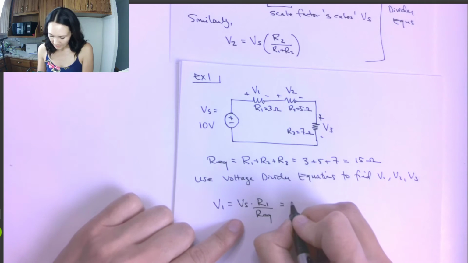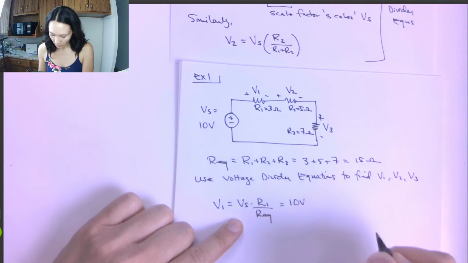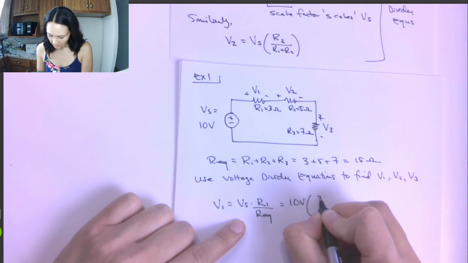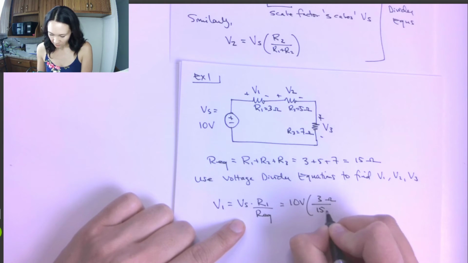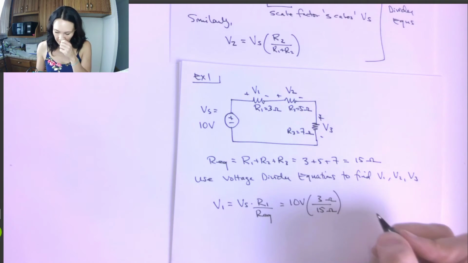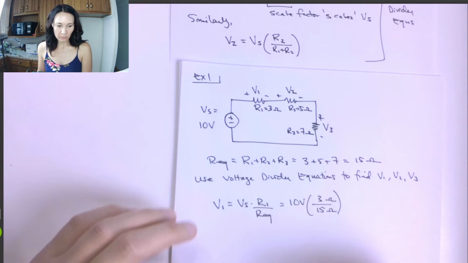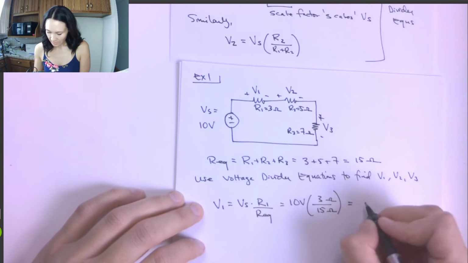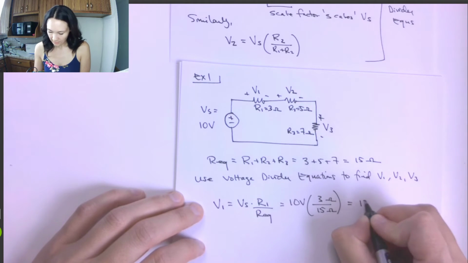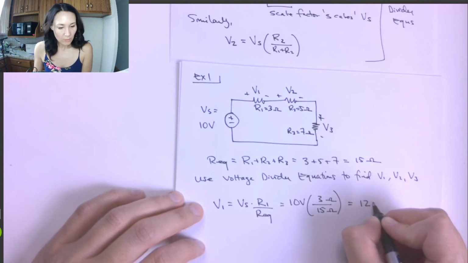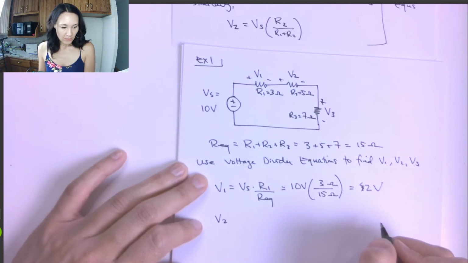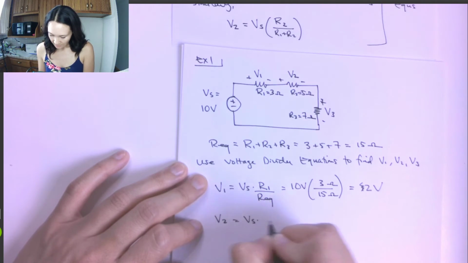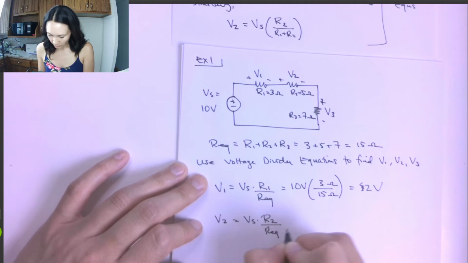So for our example here, Vs is 10 volts, R1 is 3 ohms, and R equivalent is 15 ohms. So our ohms are going to cancel. This just gives us 3 over 15. So if we multiply that by 10 volts, we're going to get 2 volts. Okay, secondly, V2 is Vs times, this time, R2 over R equivalent.